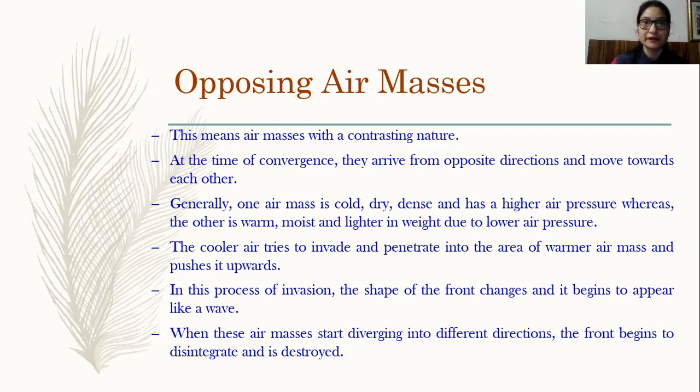If it is a continental source region, then they will be dry. If it is a maritime source region, then the air mass will be humid. But what is of importance over here is that warm air masses have a higher capacity to absorb moisture as compared to the cold air masses.